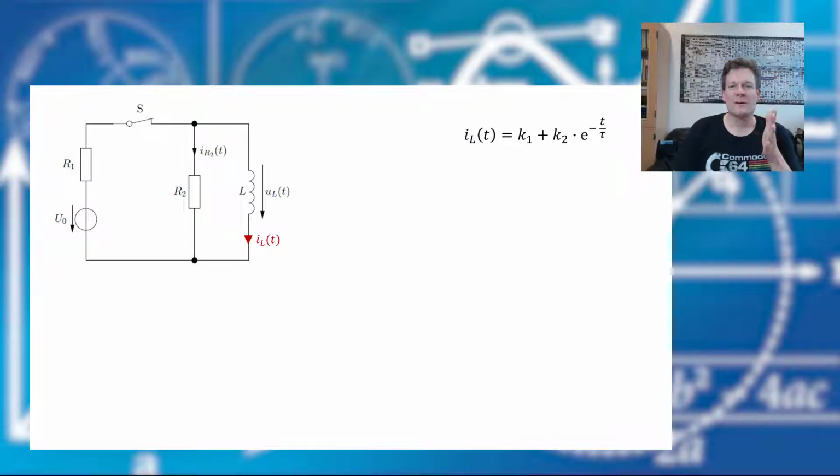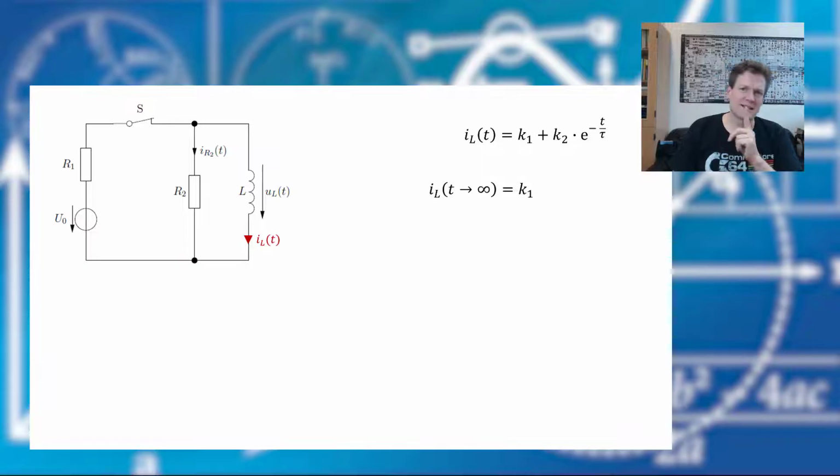And we get them with the so-called boundary conditions. So we can say when we wait long enough, t goes to infinity, and that means e to the power of minus infinity is 0. Therefore, from a mathematical point of view, all that is left from our equation is the constant K1.